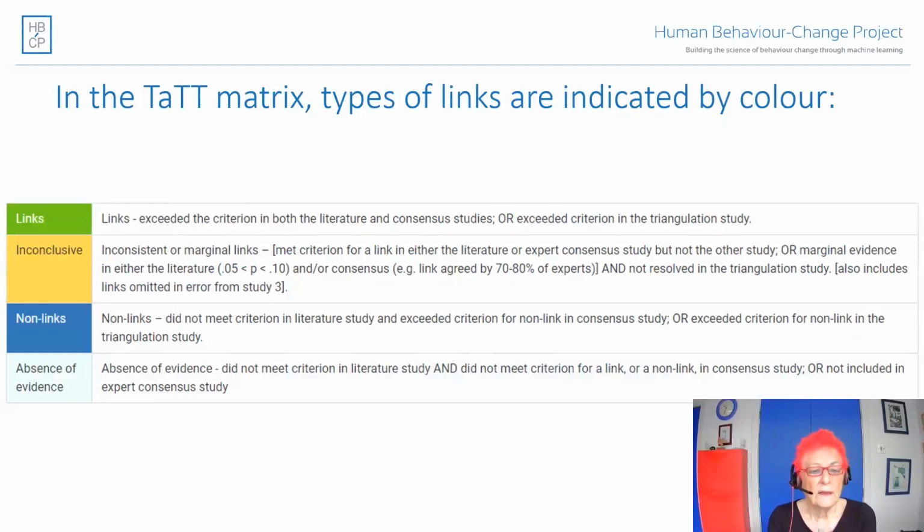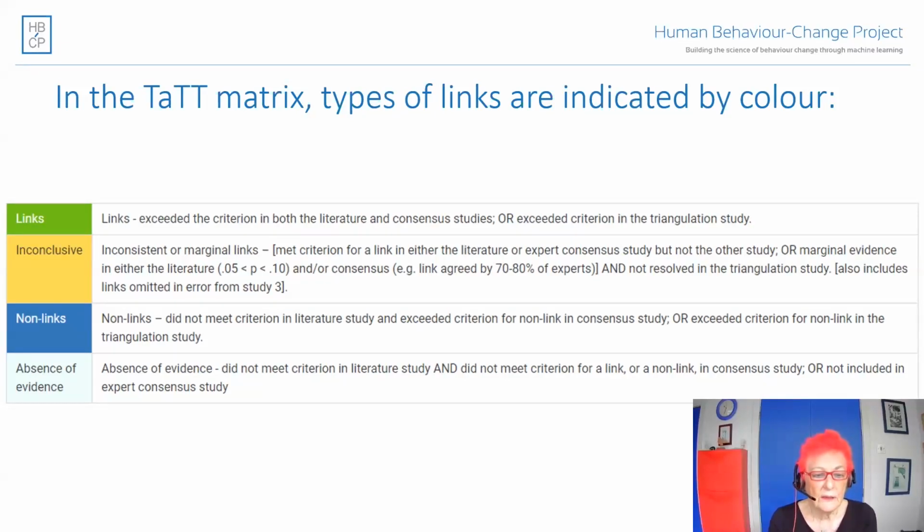So a green link is a link that exceeded the criterion in both the literature and the consensus studies, or exceeded the criterion in the triangulation study. Inconclusive are inconclusive or marginal links. So they met the criterion for a link in either the literature or the expert consensus study, but not the other, or there was marginal evidence in the literature and/or consensus study, and it wasn't resolved in the triangulation study.